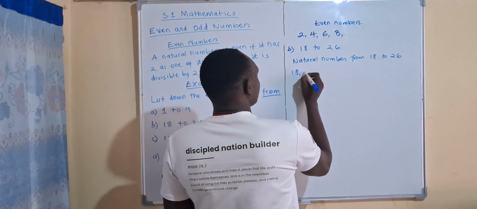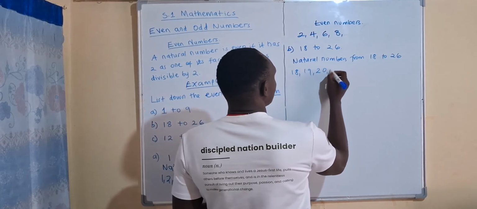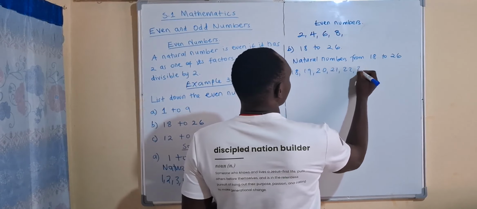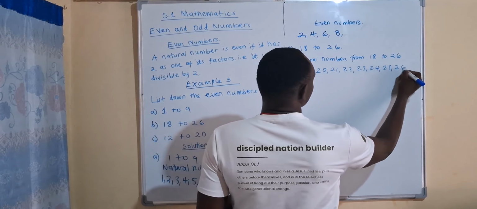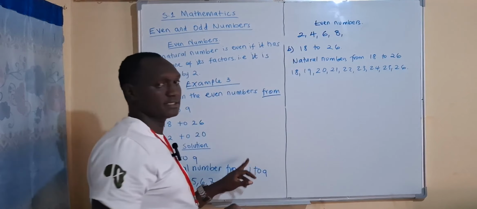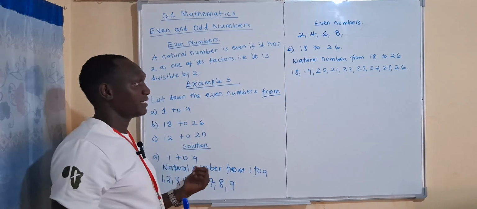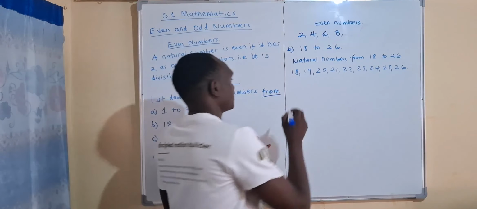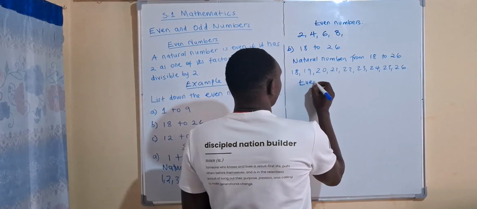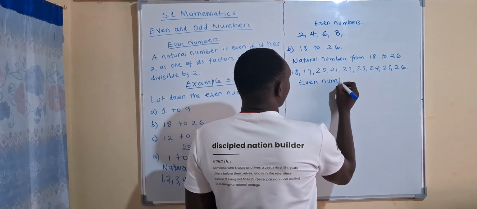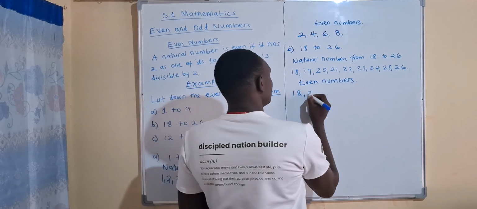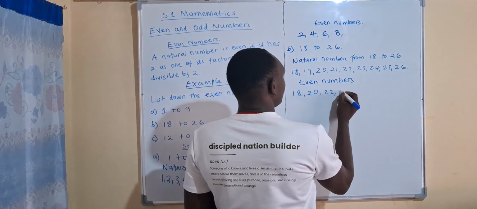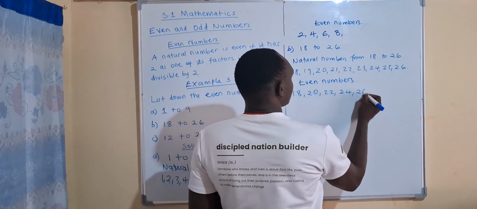That becomes 18, 19, 20, 21, 22, 23, 24, 25, 26. From 18 to 26 means that it begins from 18 up to 26. Then in this range, let's look for even numbers. These are numbers that if you divide by 2, there is no remainder. They become 18, 20, 22, 24, and 26.